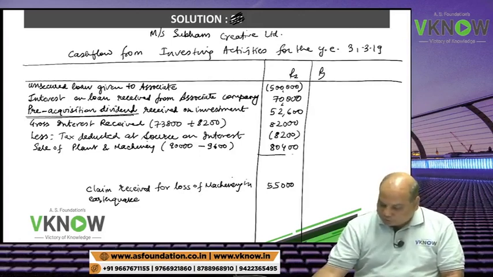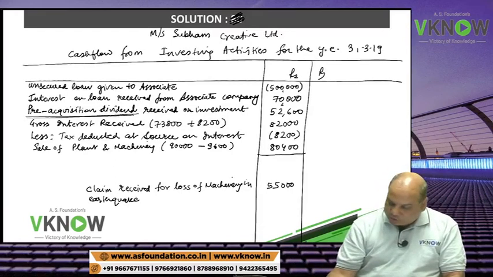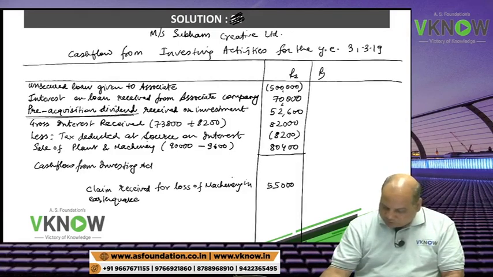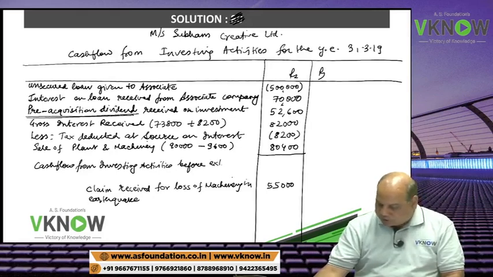So now you first draw a line, and this we will say cash flow from investment activities before extraordinary item.